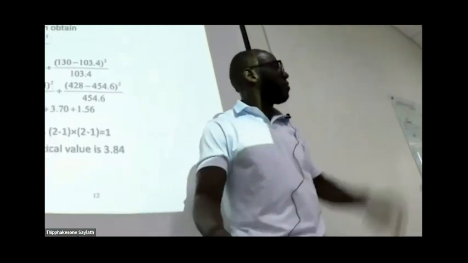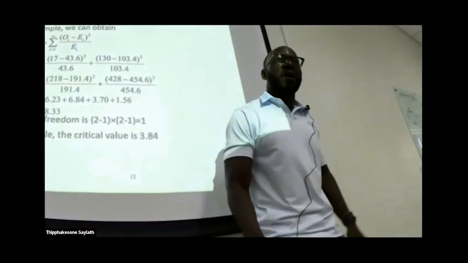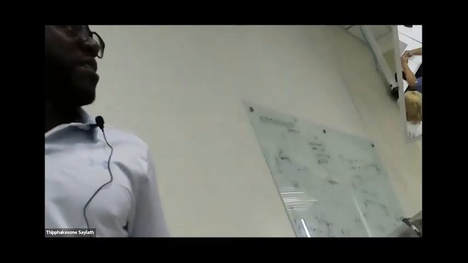So this here is a critical value. What it means is any statistic larger than this will be evidence against the null hypothesis. And since our test statistic is 28.3, which is much higher than the critical value, we will reject the null hypothesis. This time it's higher than 3.84.